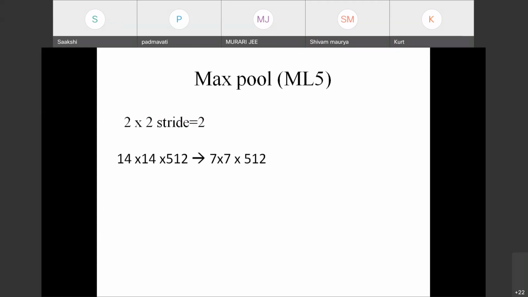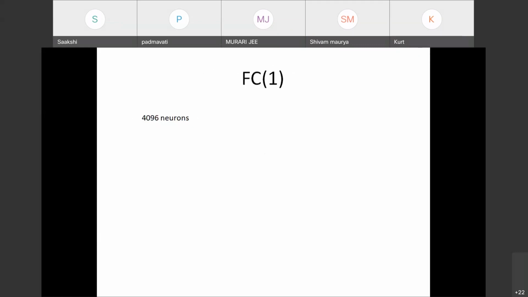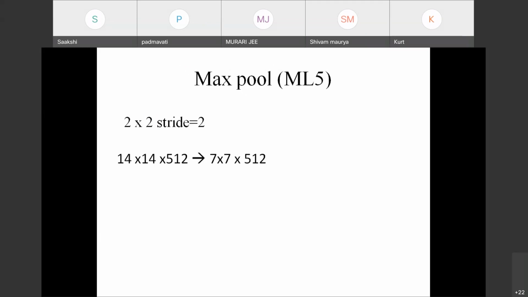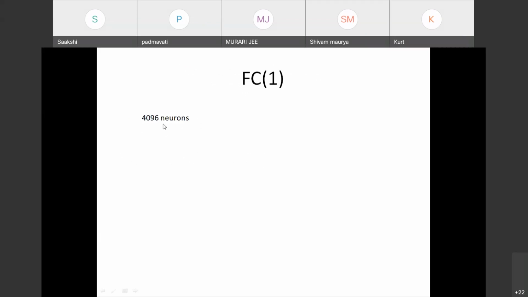First, this 7 cross 7 cross 512 will be connected with 4096 neurons. These 4096 neurons will be connected with these 4096 neurons, and these 4096 will be densely connected with these 1000 neurons. So how do I compute the number of parameters for this fully connected layer? You all know, we have already discussed in the previous class, that it is 7 cross 7 cross 512 multiplied by 4096.